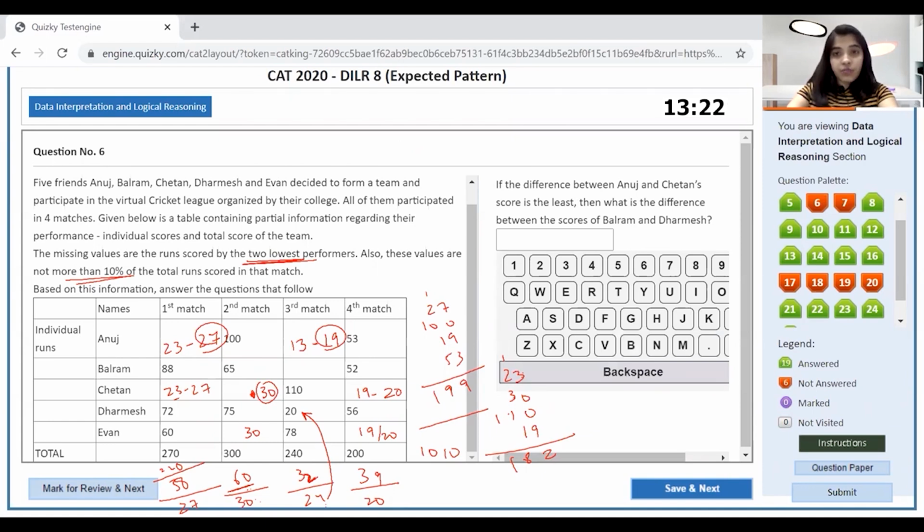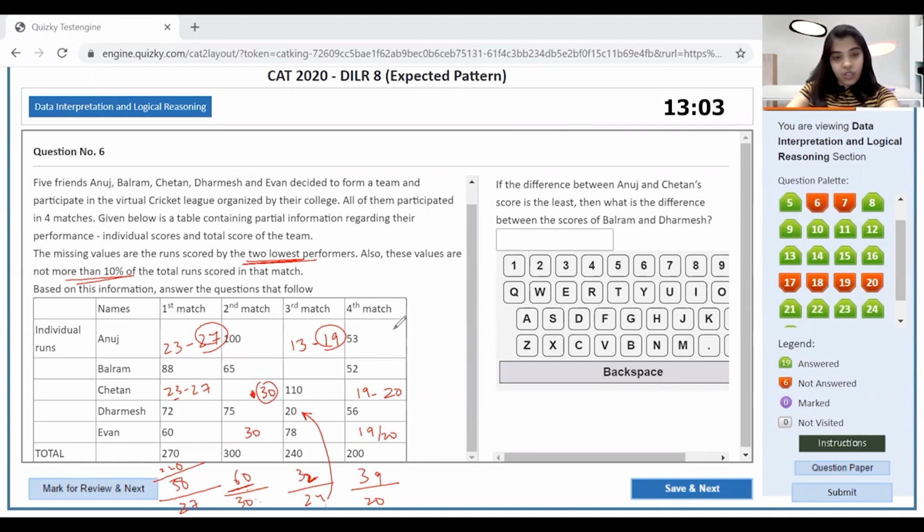This is a tricky one. Let's try. The difference between Anuj and Chetan's score is the least.